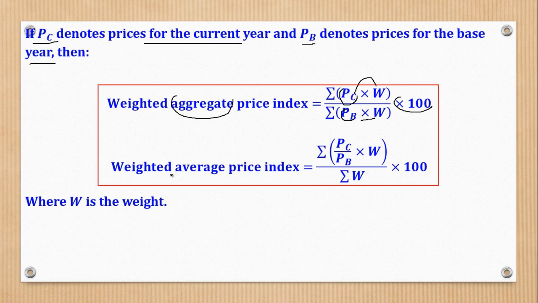Then for the weighted average price index, we sum up the ratio of the prices in the current year to those in the base year multiplied by their corresponding weights, over the summation of all the weights. So in the question, they will give you the weights, the prices in the current year and also the prices in the base year.